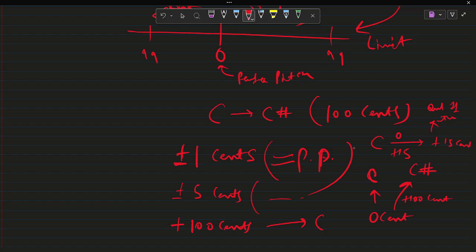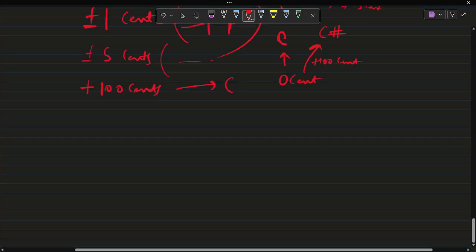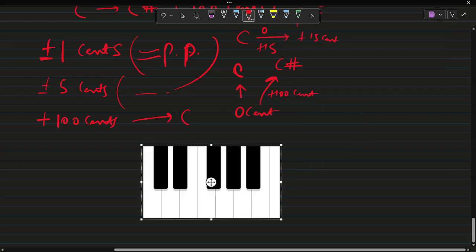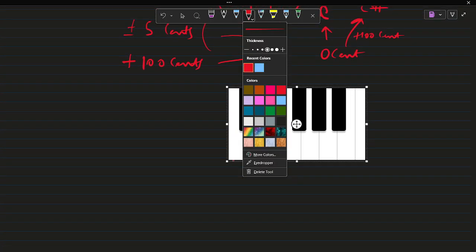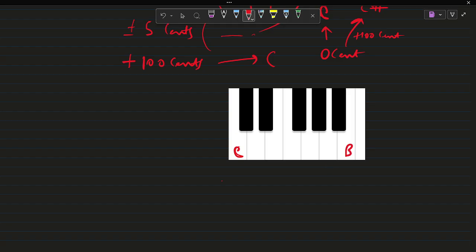Okay, so this thing comes from the logarithmic hearing pattern of our ear. And here is also one thing I need to mention. Suppose from this C to this B, we know as one octave. And from here, this is just the beginning of a new octave. Suppose the octave number is 4.